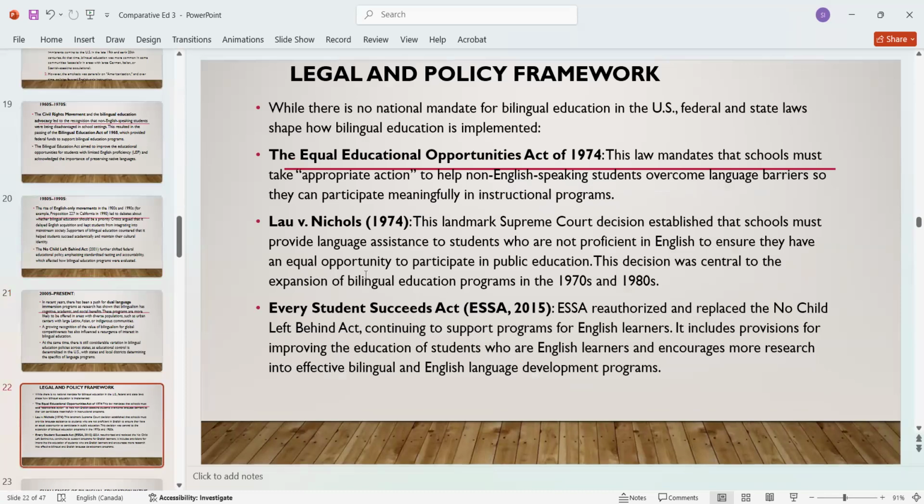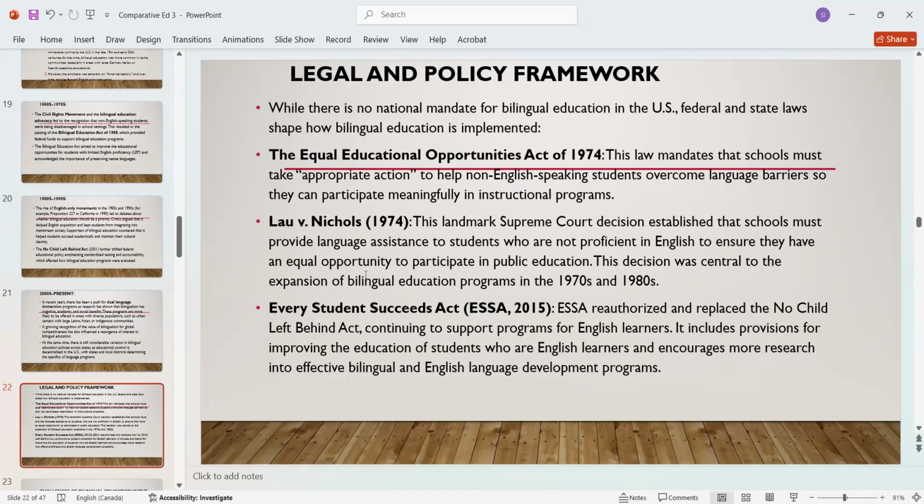Right. So legal and policy framework. These are the legal things related to language. While there is no national mandate for bilingual education in the US, federal and state laws shape how bilingual education is implemented. So there are three legal acts.